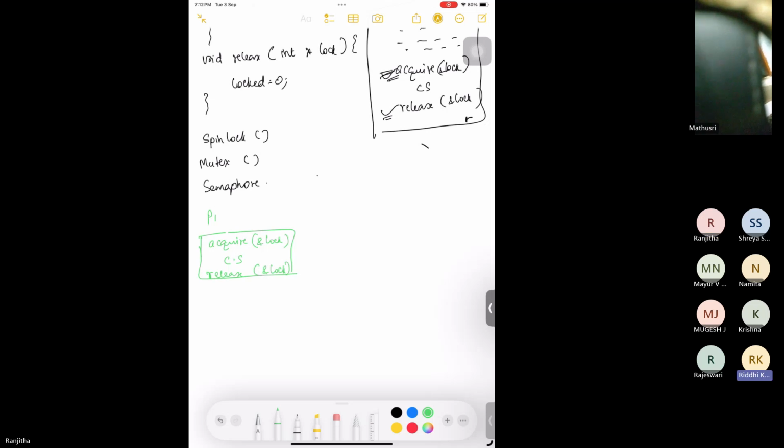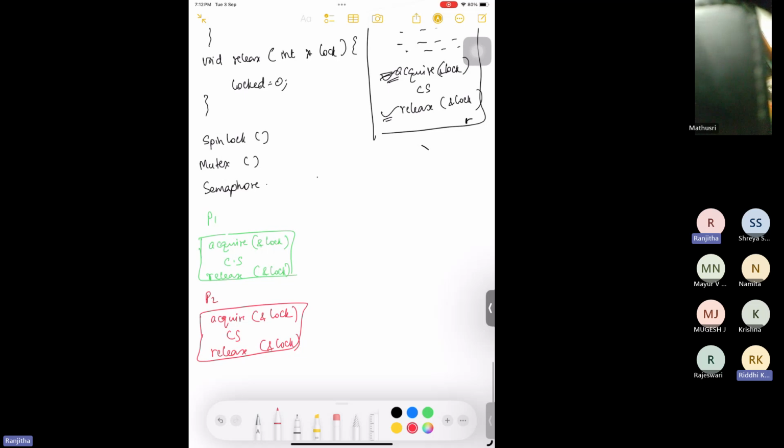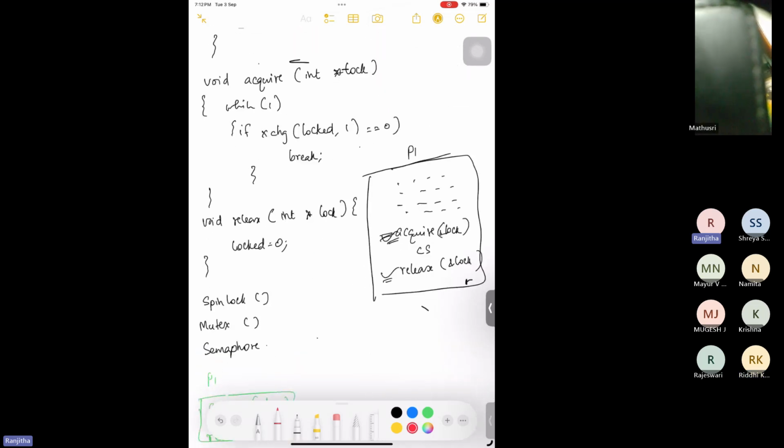In the same way, P2 will have acquire, critical section, and release. So one of them will acquire the lock. This acquire lock is nothing but what we have written here, this one and this one.